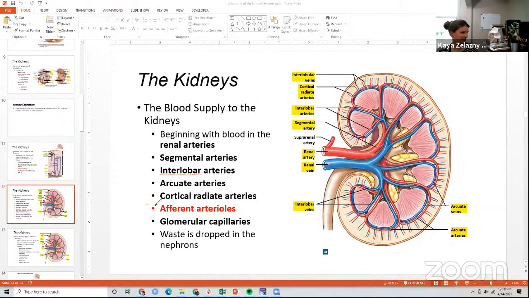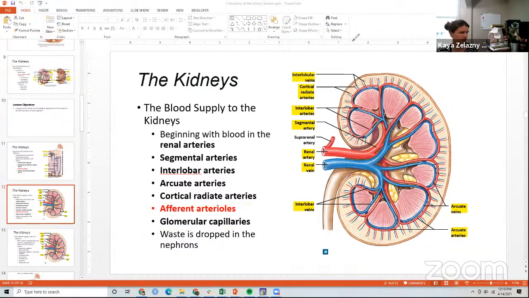What I want you to know from this slide on the blood flow is the more microscopic anatomy parts. So the afferent arterioles, the glomerular capillaries, and then the efferent arteriole and the peritubular capillaries where they reappear later. Know those, but you can skip these larger arteries.